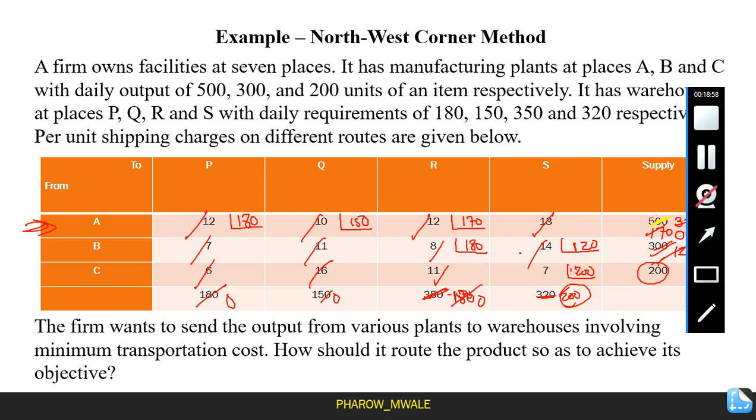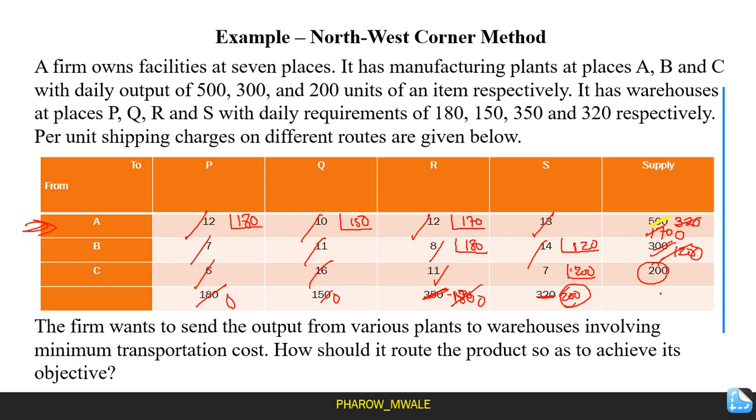Now, if you want, you can add these up: 500 plus 300 gives you 800, and then 800 plus 200 gives you 1000.